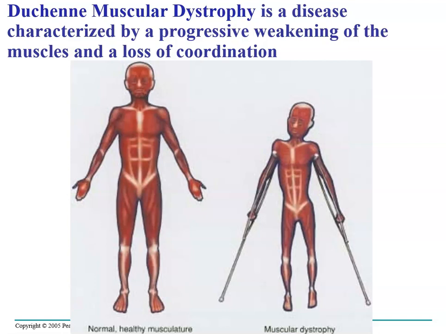They might need a wheelchair. So this disease affects about 1 in every 3,500 males born in the United States, and these males don't typically live past their early 20s. So it is a very serious disease, and it's not curable.